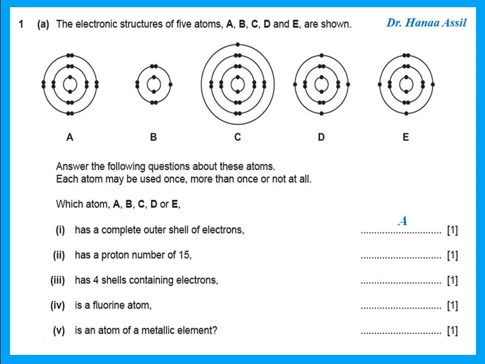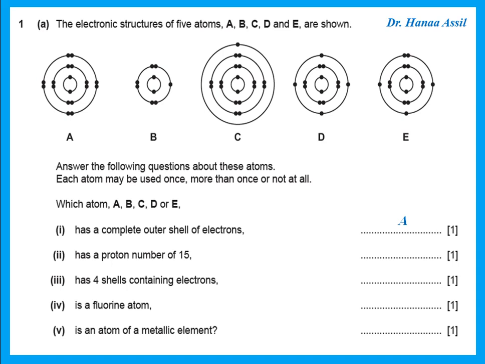Which one has proton number 15? When he says proton number 15, that means it has 15 protons, and that also means it has 15 electrons. 15 electrons will be distributed 2 in the first shell, 8 in the second shell, and 5 in the outermost shell.